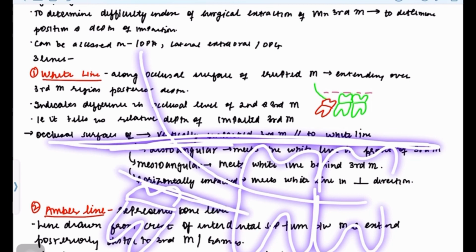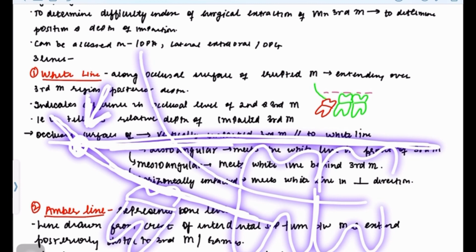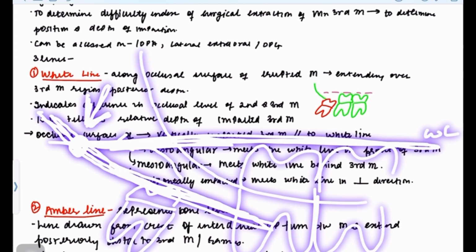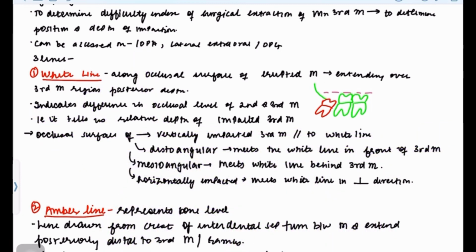The occlusal plane of the mesoangular tooth will be this. So when these two lines bisect, this point is what they are saying: the occlusal surface of the mesoangular third molar and the white line meet at a point which is behind the third molar. This is what this means.